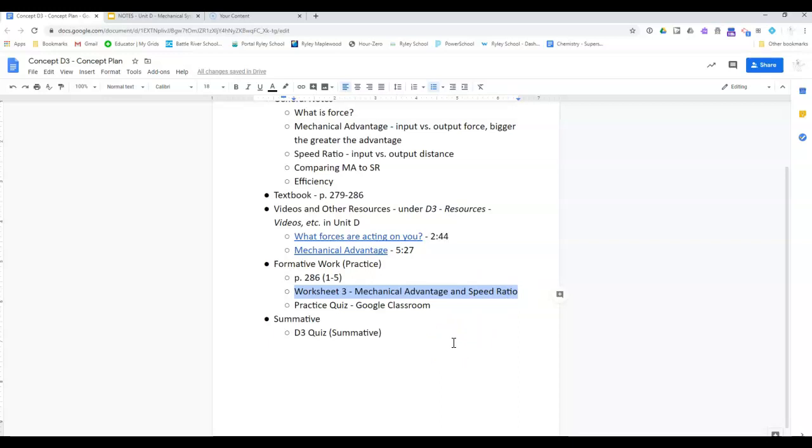You can have a look at that worksheet, do it, and then check it against the key. When you're done that, move on to the practice quiz in the Google Classroom. Make sure you do the practice quiz first, then wait for feedback. Then, once I've said you're okay to do so, go ahead and do the summative quiz.